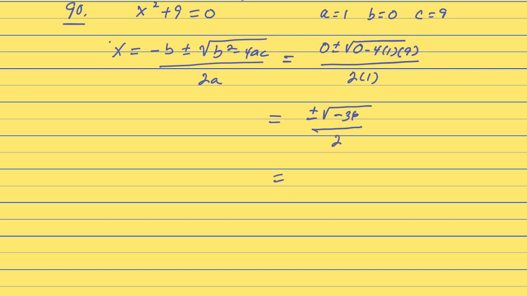The square root of 36 times the square root of negative 1 over 2. The square root of 36 is 6, plus or minus 6. And the square root of negative 1 is i, divided by 2. So that gives you 3i. Plus or minus 3i.